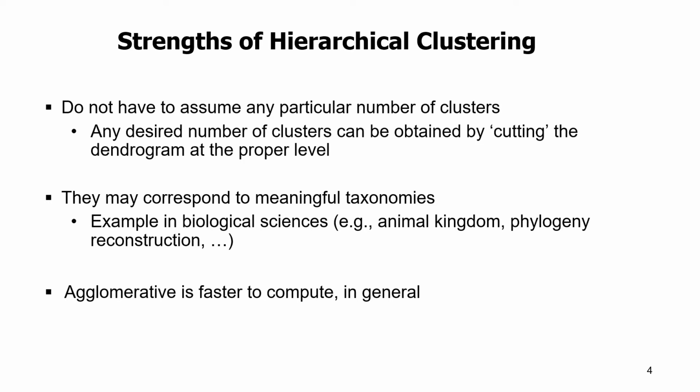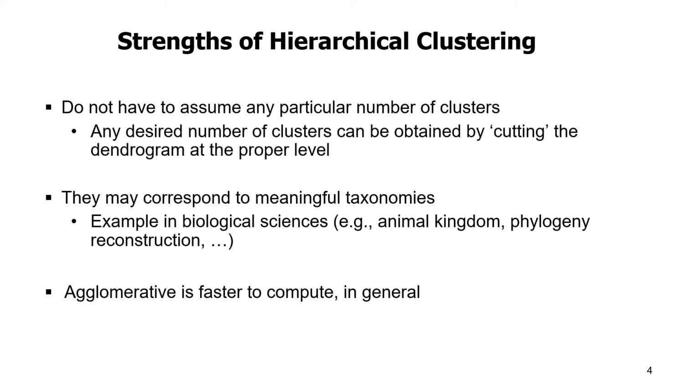About the strengths of hierarchical clustering, the first one I mentioned in the previous slide. You can have any particular number of clusters by cutting at the proper level of the dendrogram. As you can see in the example in the previous slide, you can have as many clusters as you want by cutting at the proper place in the dendrogram.